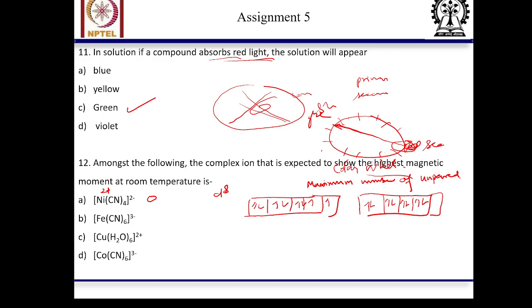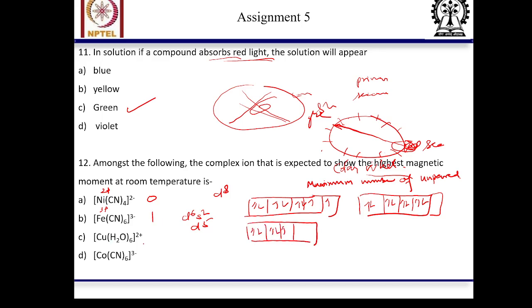Now come to the iron. Here iron is in the 3+ state. Iron is 3d6 4s2 and it will give d5 after 3+. So it has d5 and a strong field ligand, so pairing will happen, and it will have one unpaired electron.